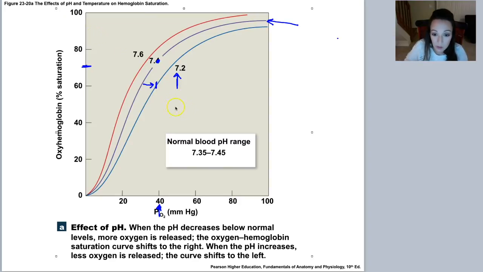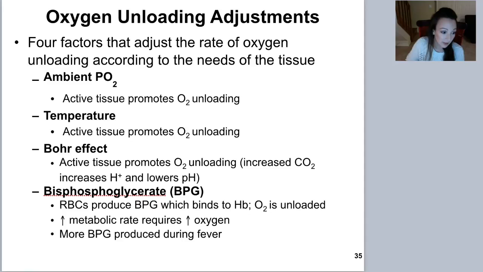Because if the tissue is more acidic, has a lower pH, like active tissues do, then more oxygen will be unloaded. And that's perfect because that tissue needs more oxygen right now. Okay, just like in those last 2 examples where if our tissue is warmer, that means it's more active, it needs more oxygen now. And also if our tissue is using up more of its oxygen, it's also going to need more to replace it. So these mechanisms work perfectly to provide the tissue with exactly what it needs.